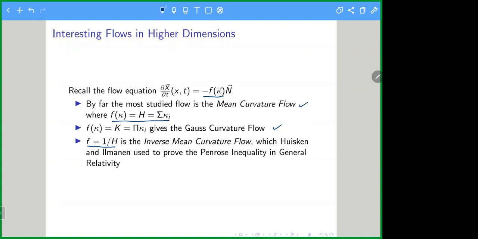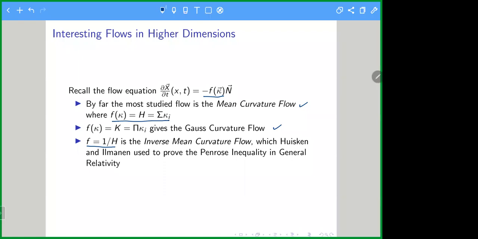The application comes in a very interesting area, which is general relativity. They used something called the Geroch monotonicity formula to prove the Penrose inequality using this flow. So we have a lot of applications to general curvature flows, not just mean curvature, but other kinds of flows that can be interesting and useful.